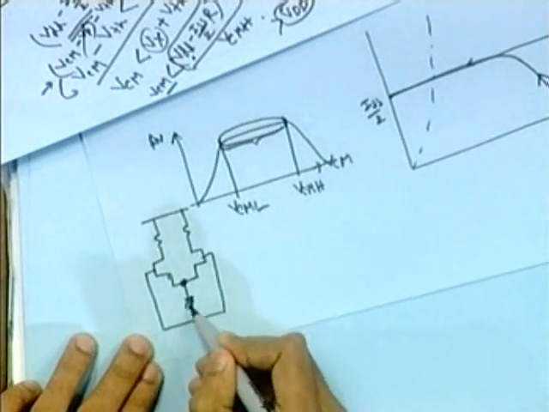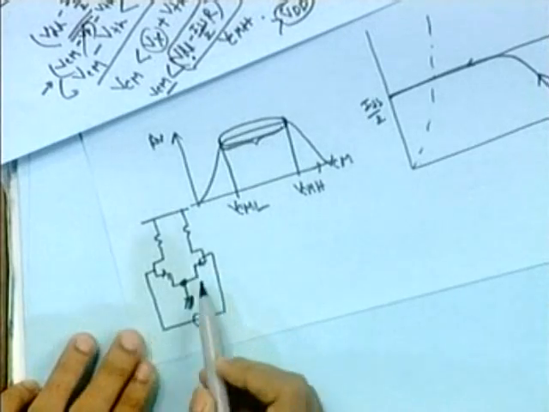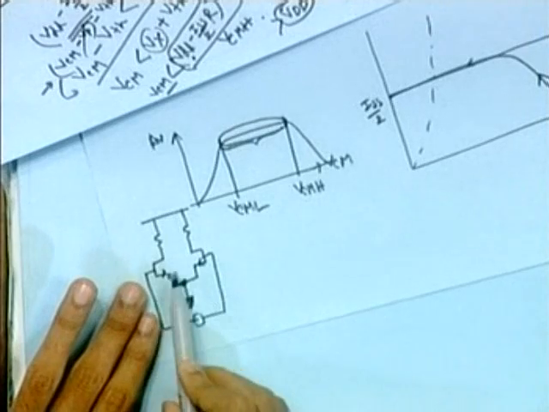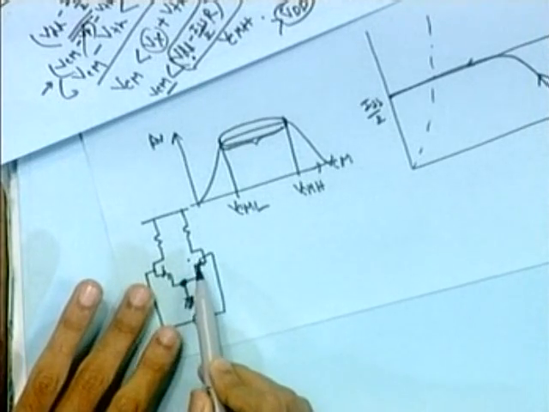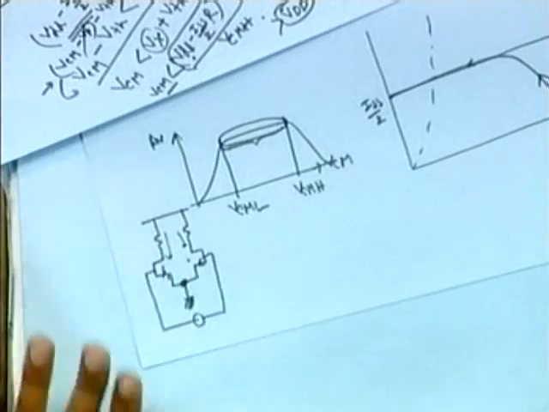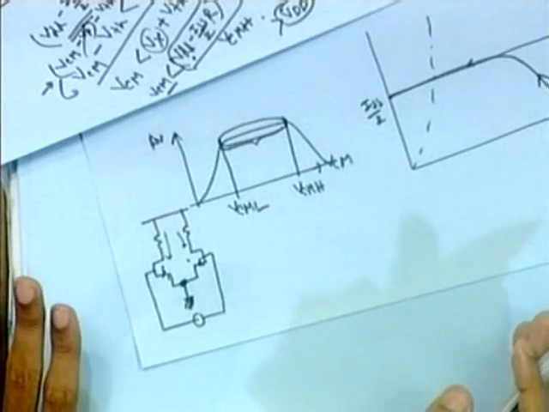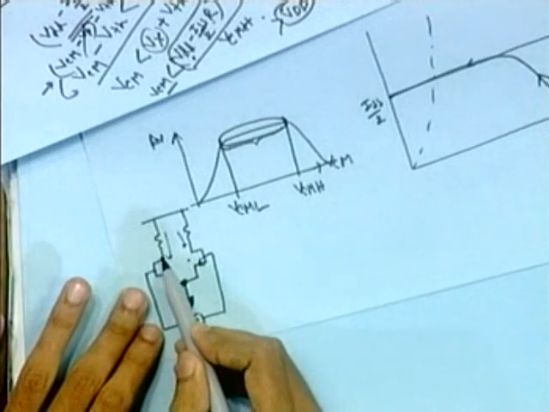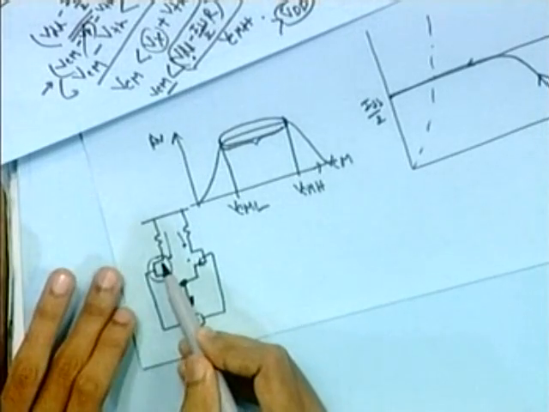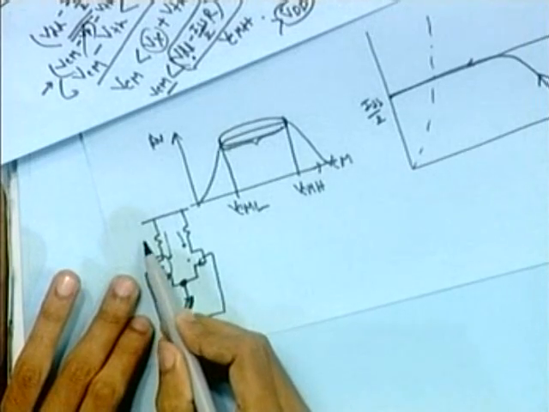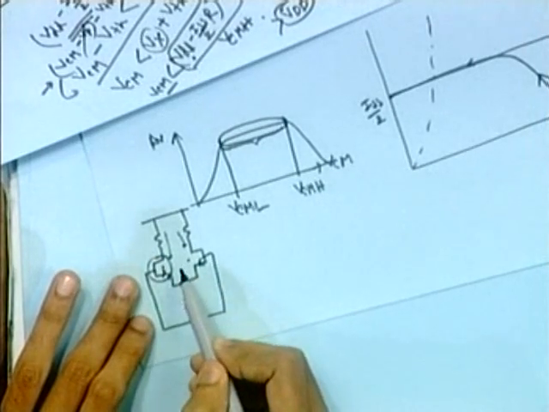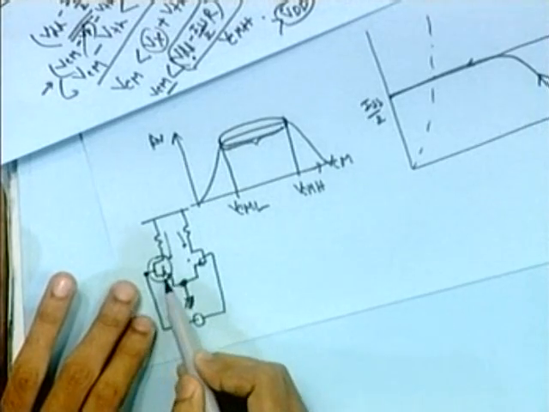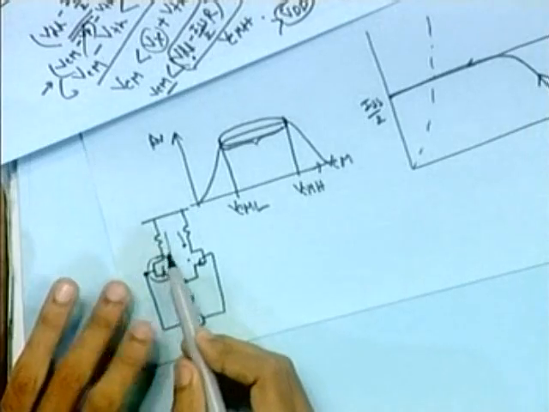This point is grounded because, suppose previously it has some finite VCM voltage. This transistor and that transistor will carry ISS by 2 when no differential input is given. If I make this transistor slightly more conducting, it will carry slightly more current than ISS by 2.